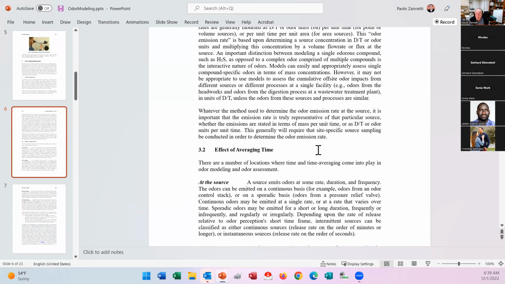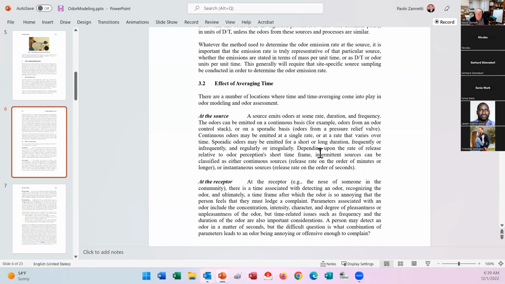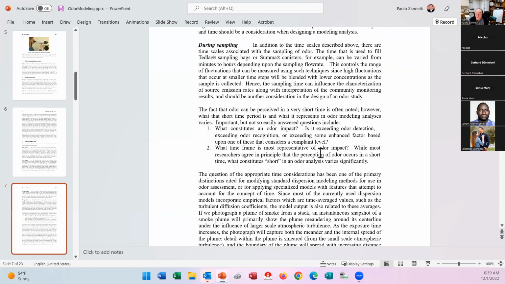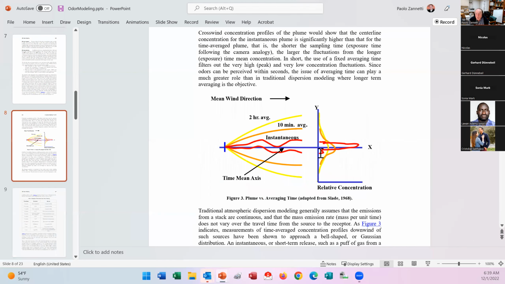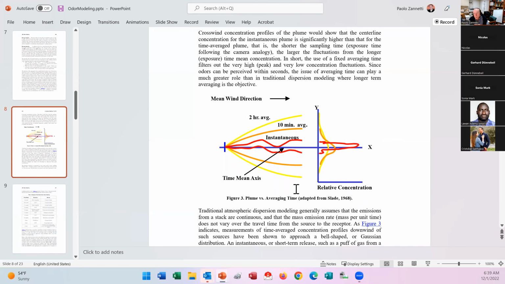Another big challenge with odor is the averaging time. And I'm going to show you a picture which you have already seen, with different colors. You remember when we started talking about the Gaussian model, I showed you that the instantaneous plume may be quite irregular, and the concentration of the instantaneous plume can be quite strange.